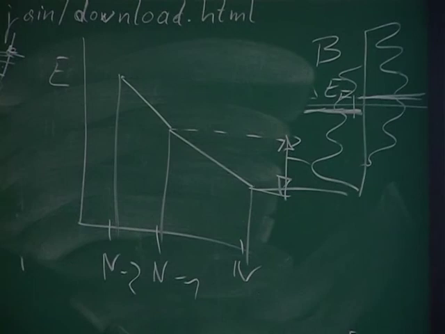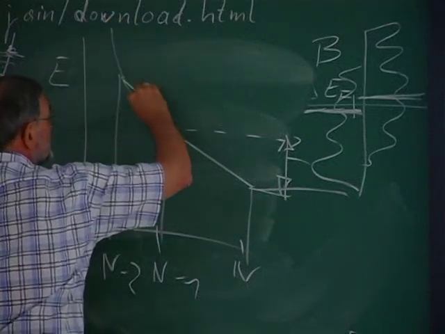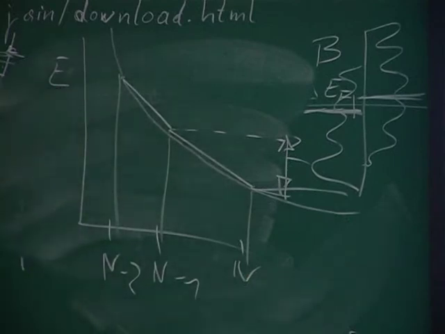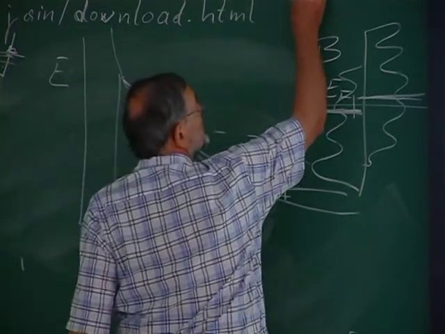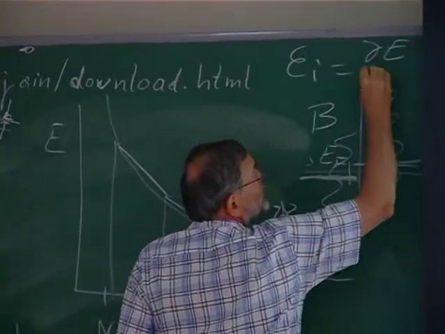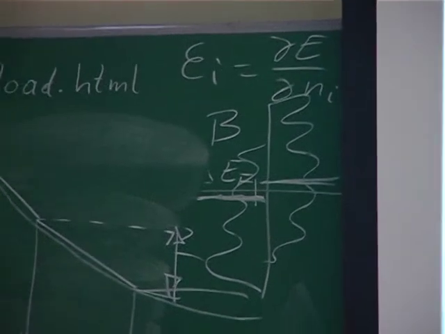Now, if you do the same plot in GGA, you get out a curve which is not straight lines in between, but it's a smooth curve. It's physically not correct, but that's what comes out. And then remember Janak's theorem that the eigenvalue epsilon i was the derivative of the total energy with respect to the occupation of this state, right?